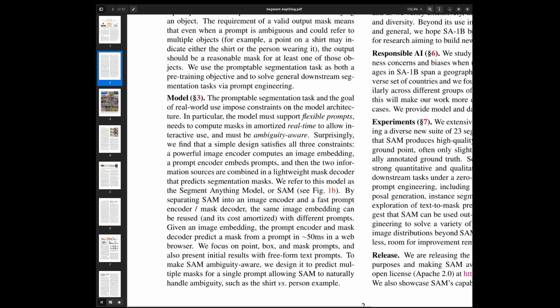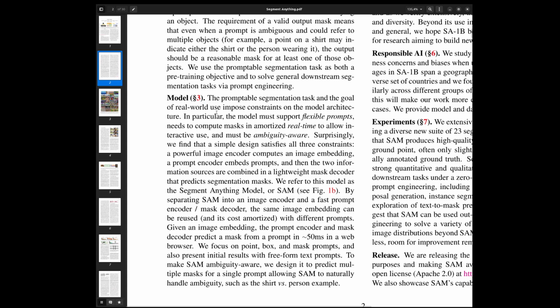You are imposing constraints on the model architecture, and then the goal of real world. Where are you supposed to use it in the matrix? I don't know.